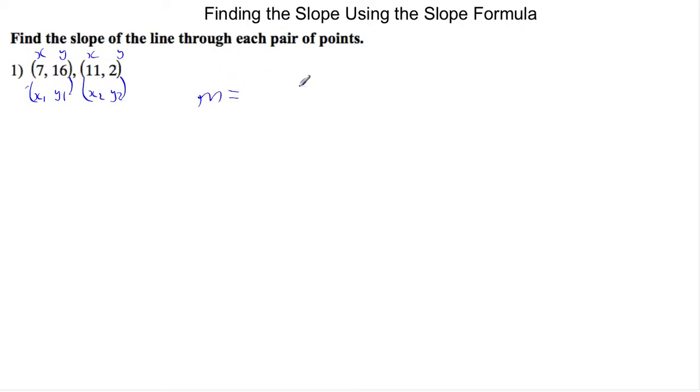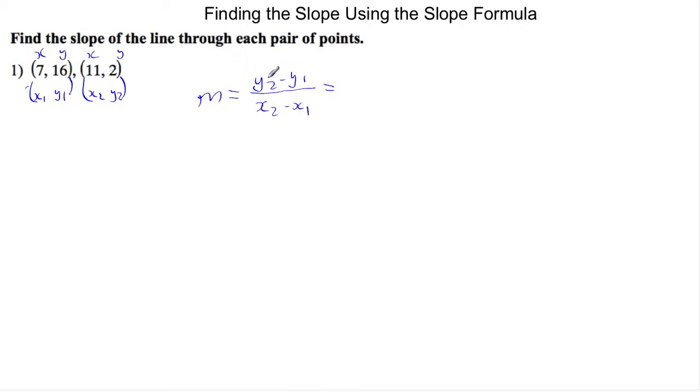The slope is a change in the y values, so it's the difference in the y's. If I go y2 minus y1, that shows me the amount that I've shifted upwards, how much I've risen. Likewise, on the denominator, I'm going to have x2 minus x1, and that's going to show me how far I've run, the horizontal run distance.